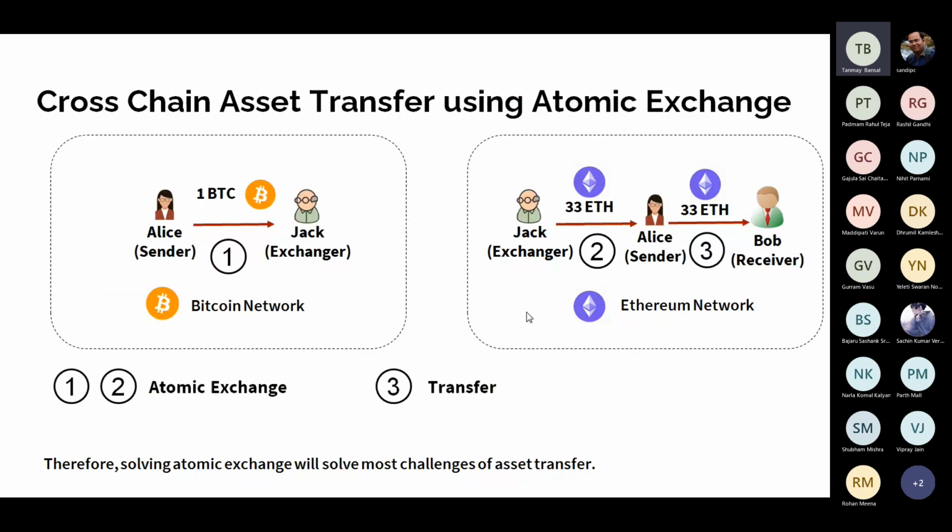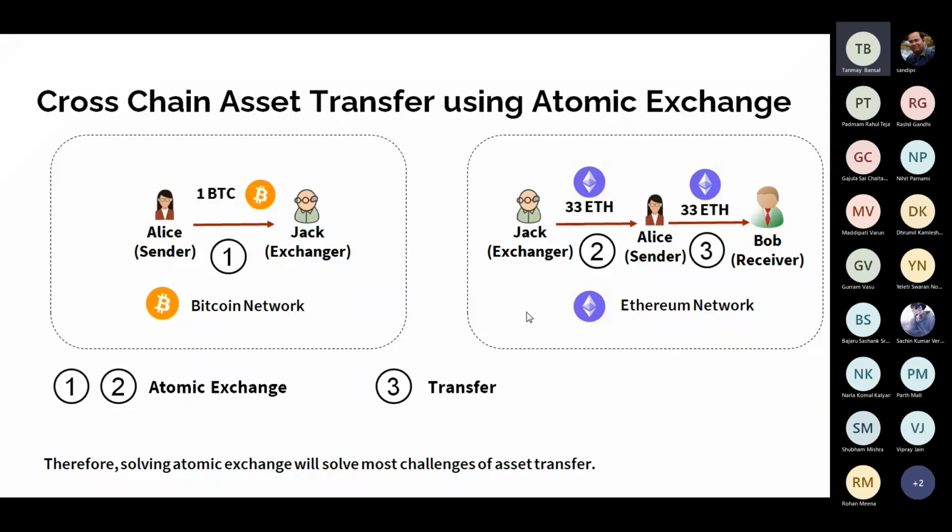In this example, we have Alice who wants to make a payment to Bob. In the first network, Alice is sending 1 BTC to Jack, and Jack in the second network is paying 33 ethers to Alice. Then these two, 1 and 2, should take place atomically.